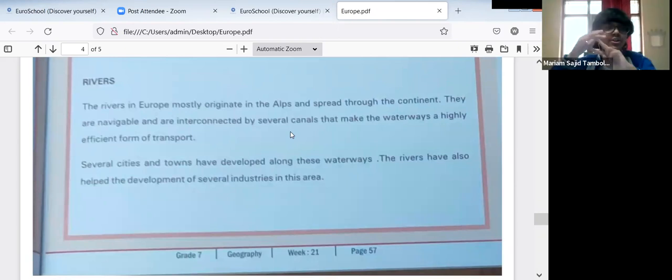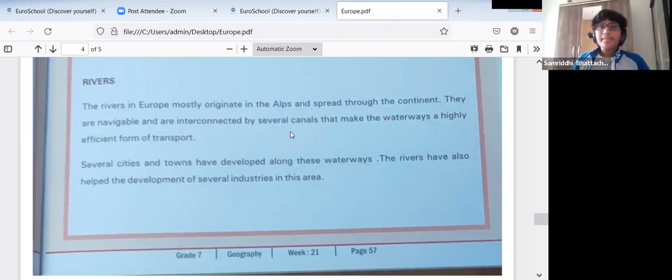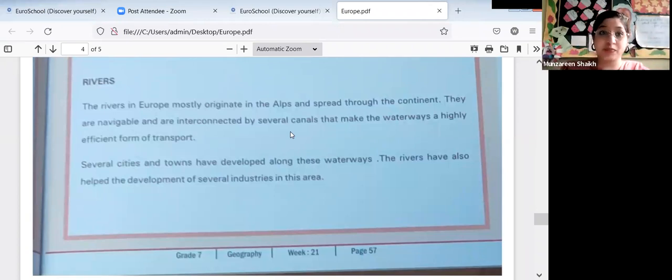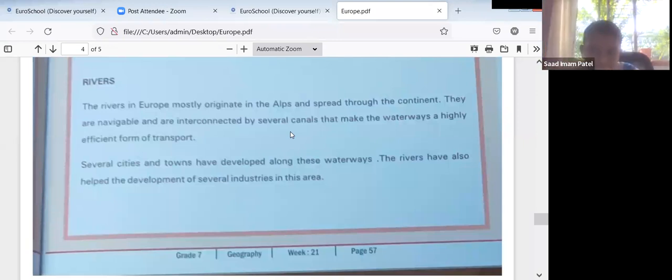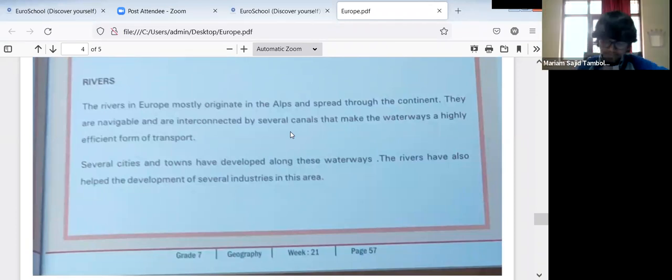Nile, Congo, Zambezi, River Orange, River Niger, Limpopo. So those rivers which we had studied in the previous class belong to which continent? Africa. Now we will study Europe. Ready, everyone?